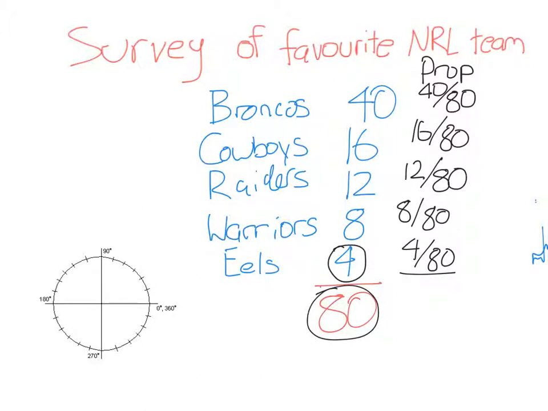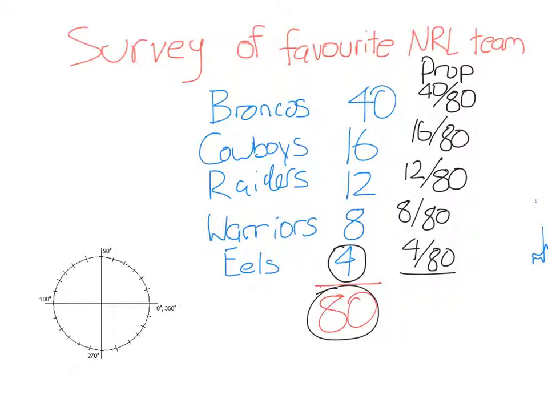Now hopefully you all know this, but there's 360 degrees in a circle. So what we want to do is find the fraction devoted to each team and times that by 360. So let's just do a sample calculation. So for the Broncos, their proportion of people that chose that team was 40 over 80 or a half. So in the sector graph, I want to devote half of the circle to them.